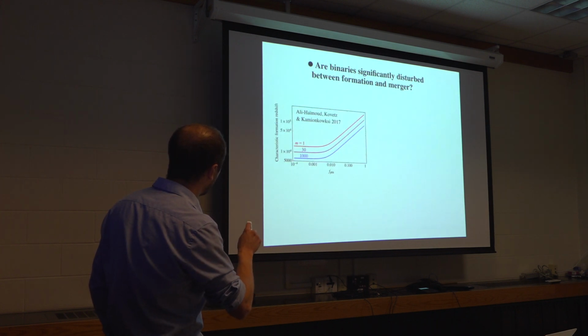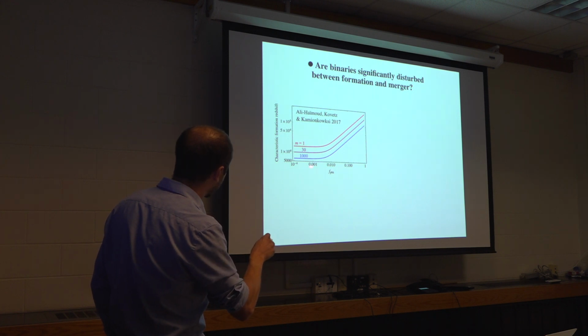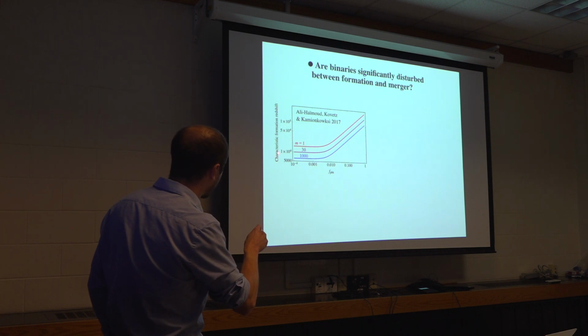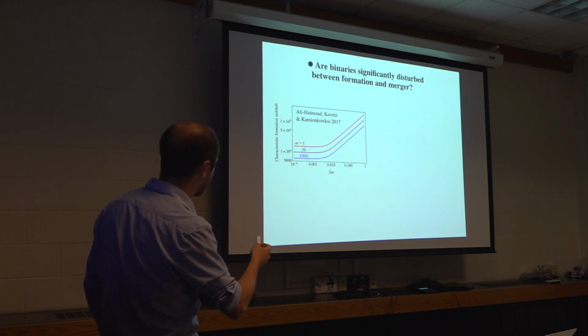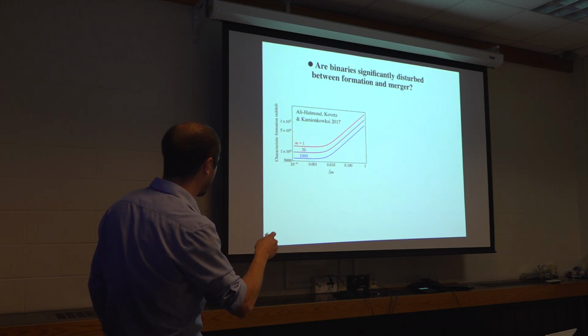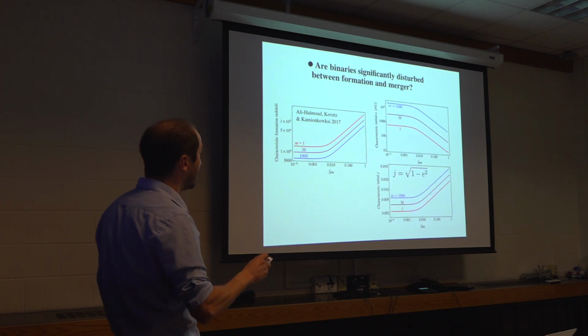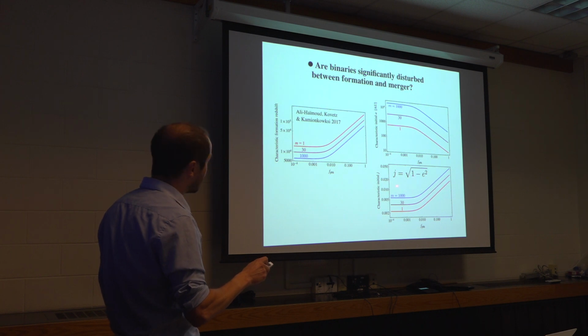One thing that I worry about a lot is the following. So this is showing, as a function of the fraction of dark matter in primordial black holes, the characteristic formation redshift, which is, as I was saying before, typically of order 10,000 to 100,000. So these binaries form very early on. They form with some characteristic eccentricity.